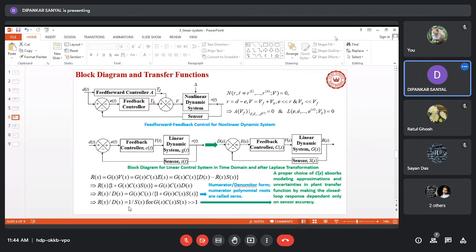For the time being, we just conclude that the correlation between response and demand is given by the sensor accuracy itself, and whether that will make RS equal to DS or there will be a gap between RS and DS, that we will study in a later class, not today.